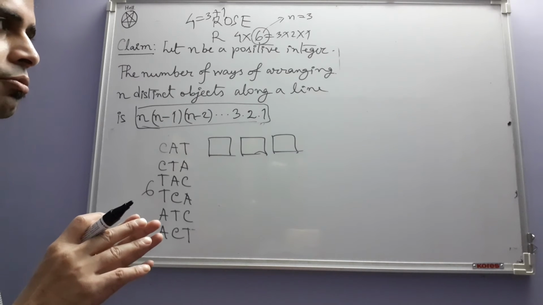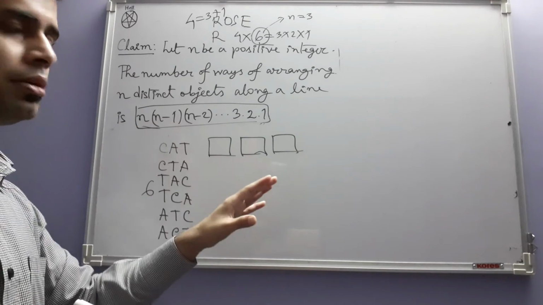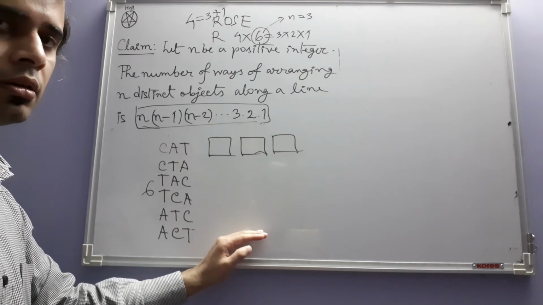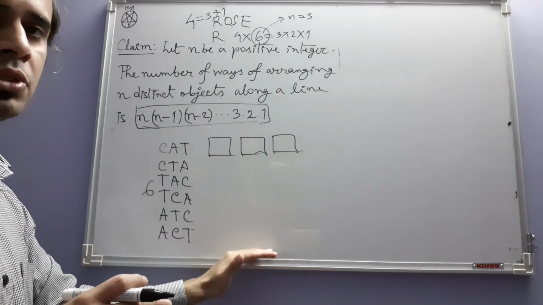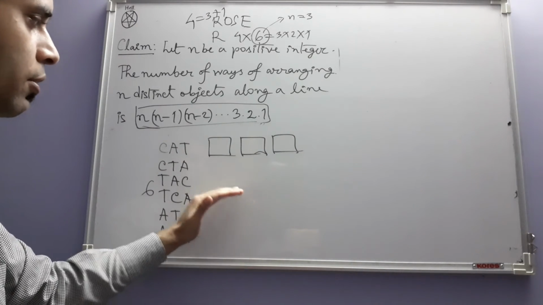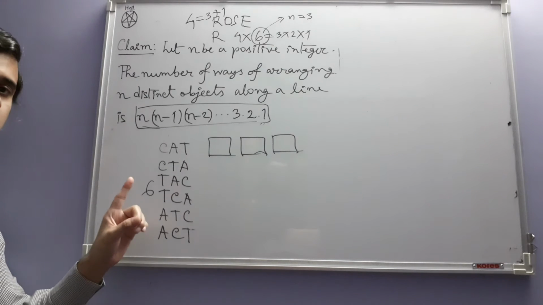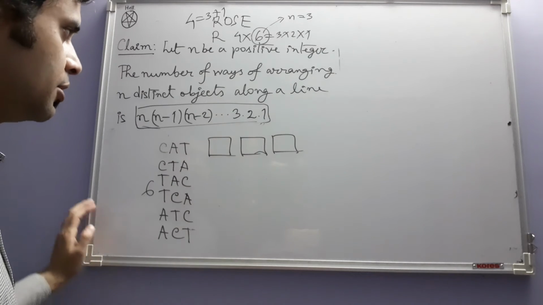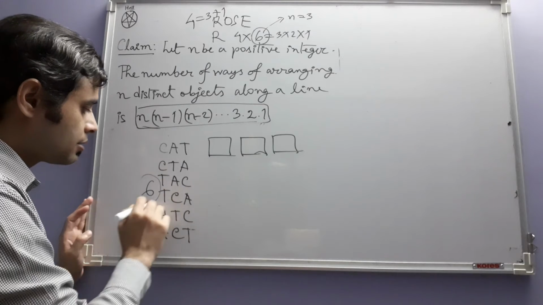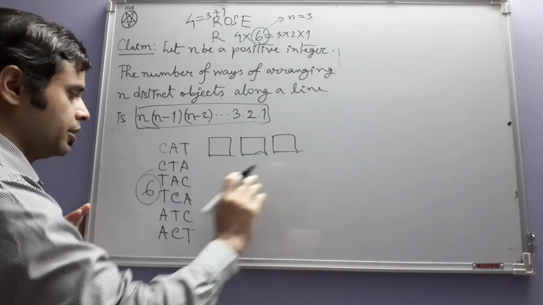That is just, for example, a computer program: you give some input to the computer and it searches for the appropriate formula and gives you the answer. A computer cannot think, but we can think. So our approach should not be that mechanized. And that is the mistake people make while studying mathematics. We have to really understand why something is the way it is. So why this number 6 is appearing, that's what we are going to try to figure out here.